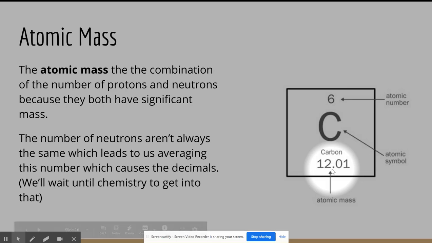It might be 12.01 or 15.99 because we actually average it, because the neutrons sometimes are a little funny. Sometimes we have extra neutrons, sometimes we don't have as many neutrons. It just is what it is. We're actually going to wait until chemistry to really get into that, so it's not super important for us. But while we were talking about these tiles of each one of these elements, that number right here is kind of important to talk about.